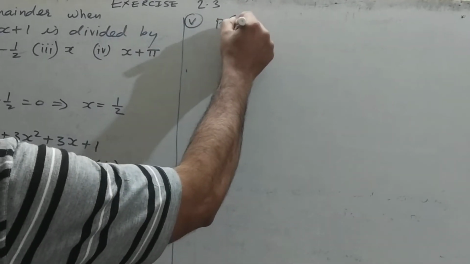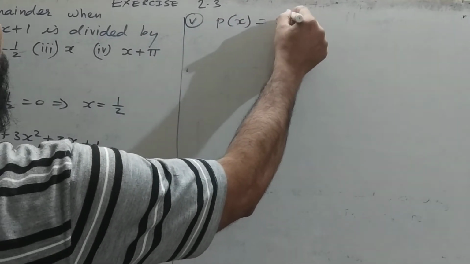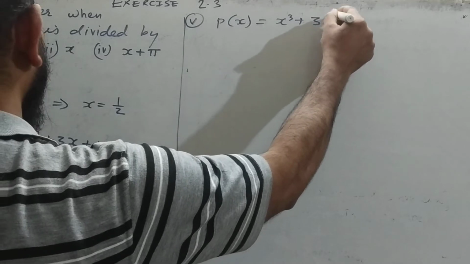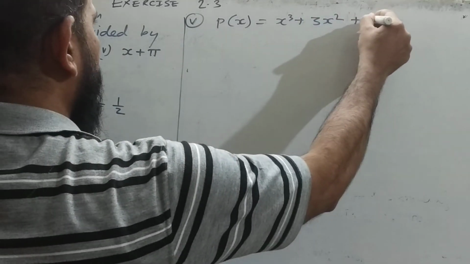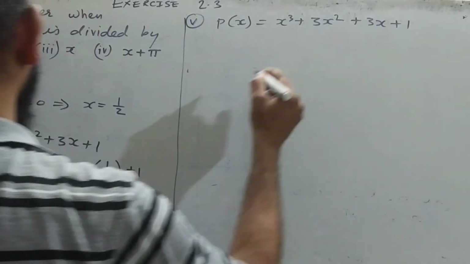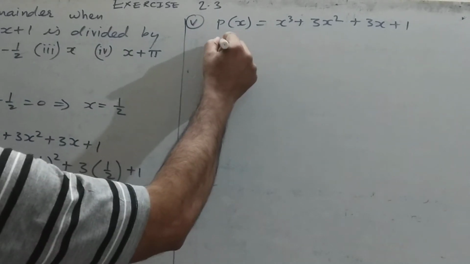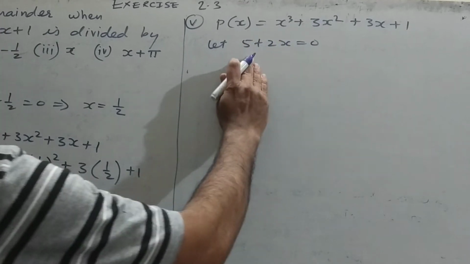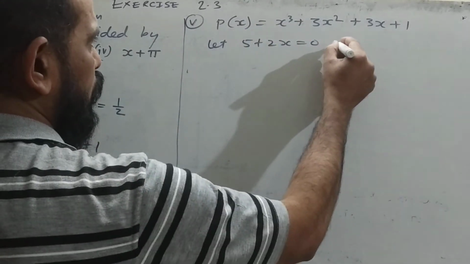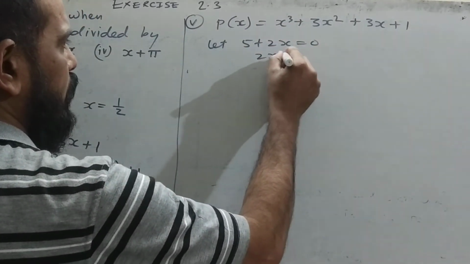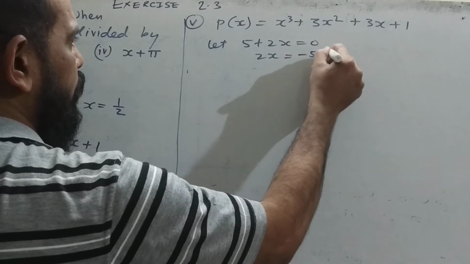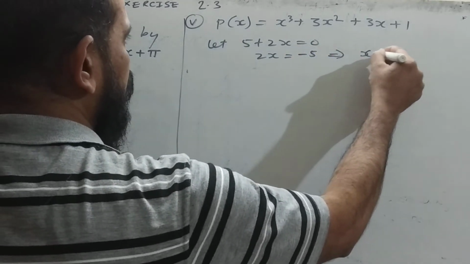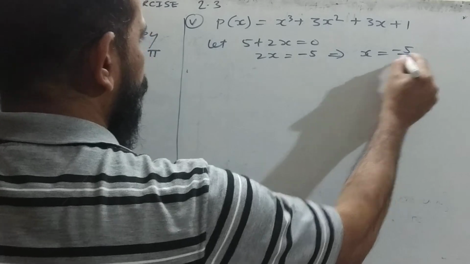p(x) is equal to x cube plus 3x square plus 3x plus 1. And let 5 plus 2x be equal to 0. First you transfer the plus, it becomes minus. So 2x is equal to minus 5, which implies x is equal to minus 5 by 2.